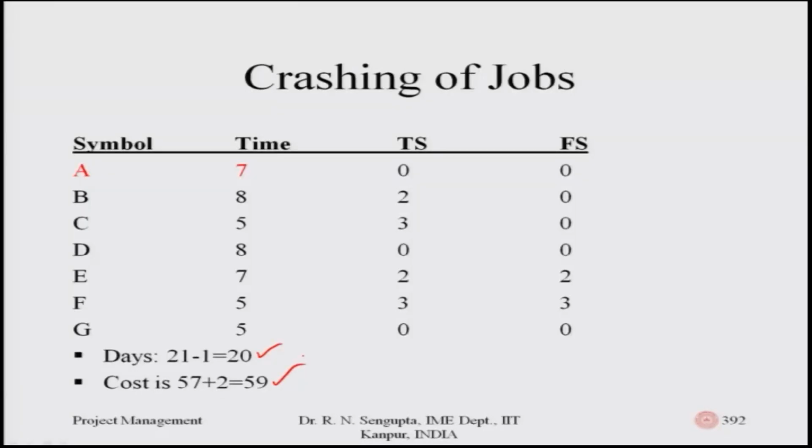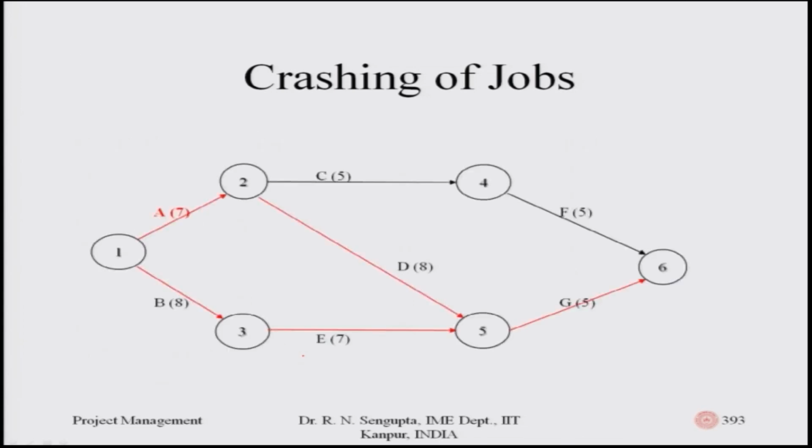So, in this slide, I will again draw the actual network diagram. Here again the network diagram, everything remains the same, only A, whose duration was 8 earlier, has now reduced to 7. Now, let us pause and see, this is a footnote which I want to add.